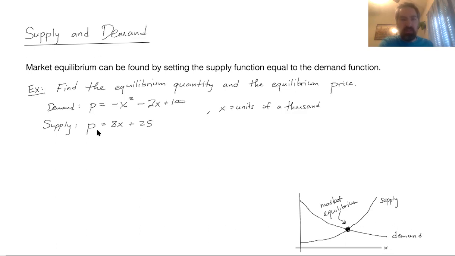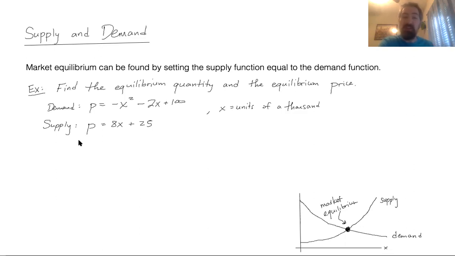Now, in some of the homework examples, you may not be given explicitly that this is the demand function and this is the supply function, but you can know which one is which based on which one is the increasing function and decreasing function.